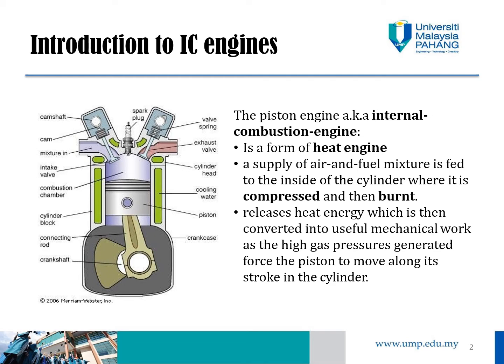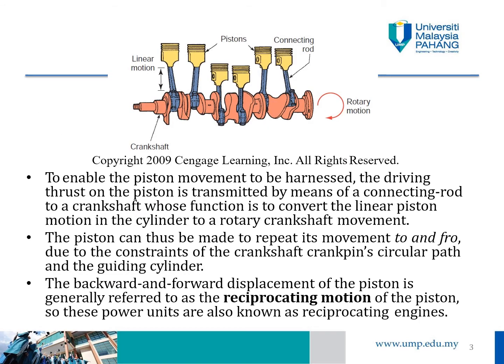So what happens in the engine is that the air and fuel mixture is fed and it is compressed and then it is lit, and this causes the energy release from the combustion, which is used to move the piston down, and generates the amount of pressure and causes the engine to rotate in the second cycle, and this is repeated for every cycle.